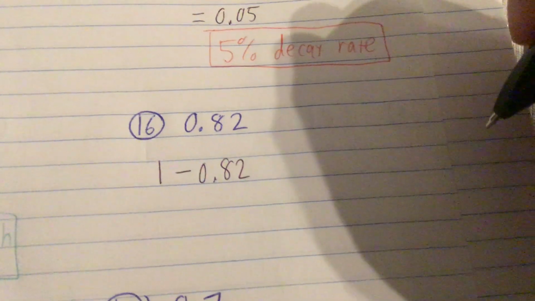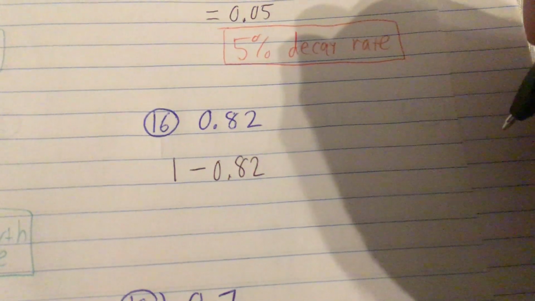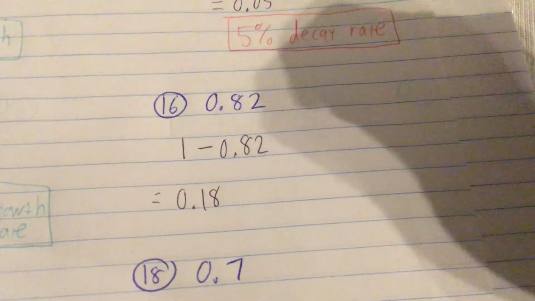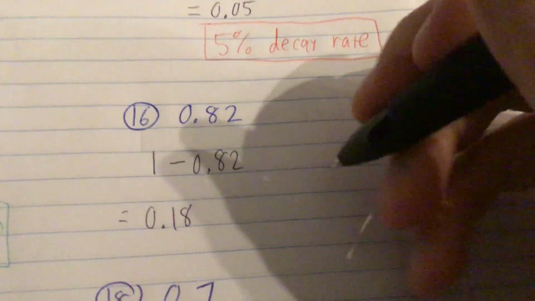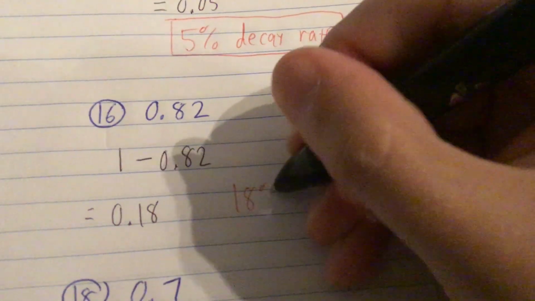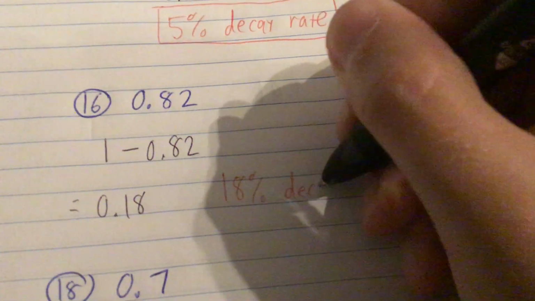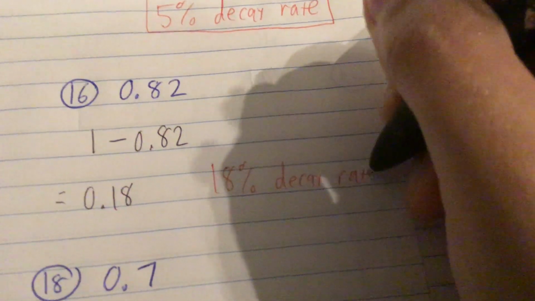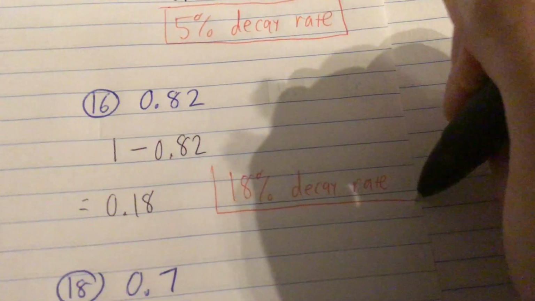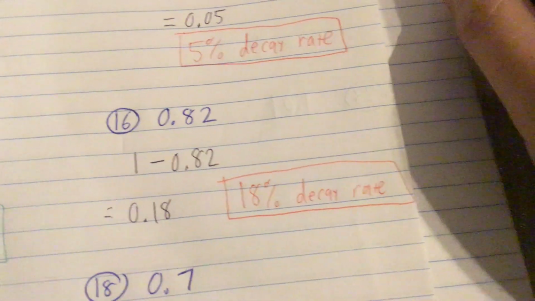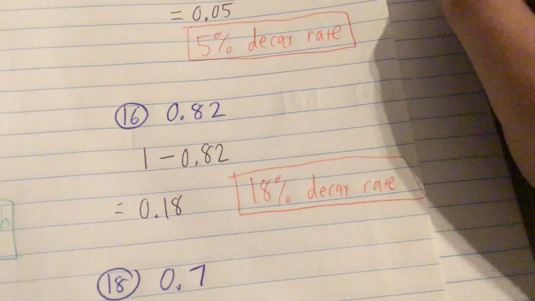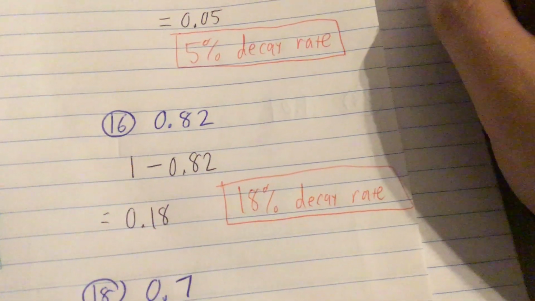To complete 82% plus what is 100%, that's going to be 0.18. That means that 0.82 has an 18% decay rate. So to tell me that something is losing its value 18% every unit of time, my scale factor would be 0.82.